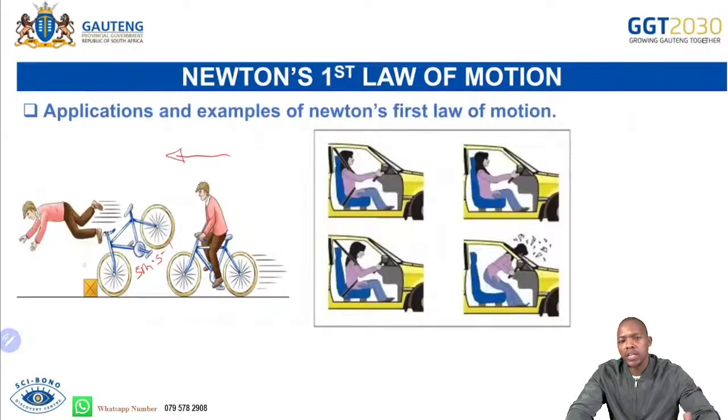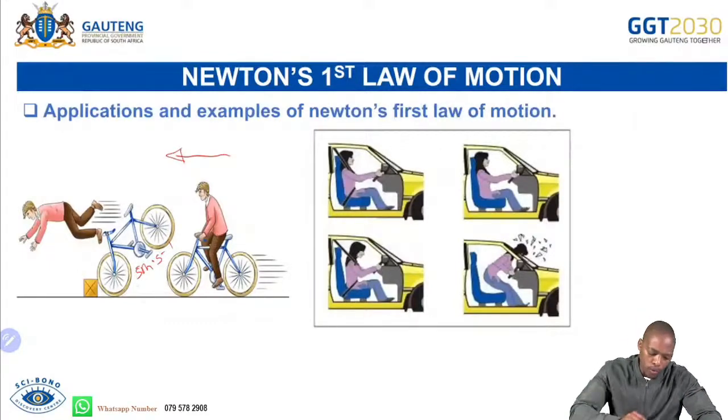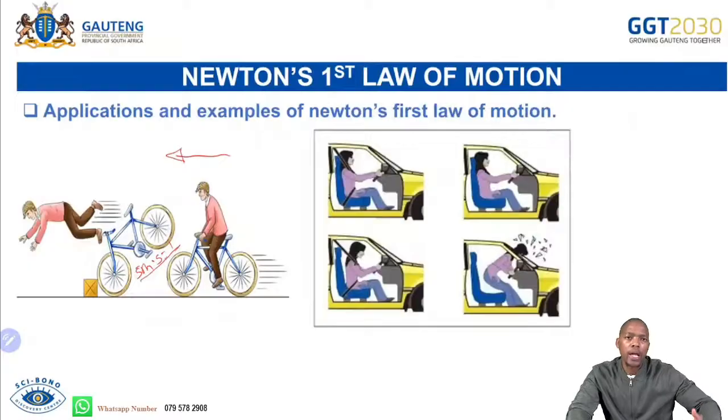And as we said, again, from inertia, your body will resist to change its state of what? Of rest. And according to Newton's first law of motion, you will continue moving with what? The uniform velocity. So it means you will continue moving 5 meters per second in the original direction. But remember, the bicycle has done what? Has stopped.